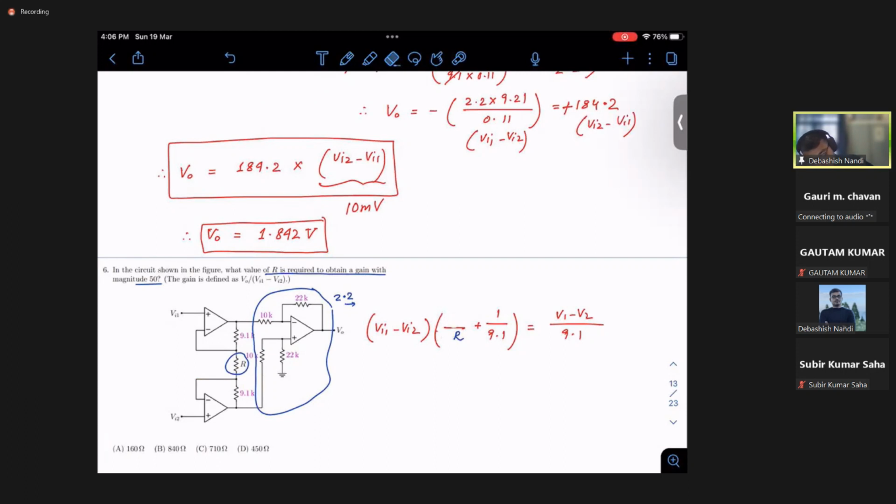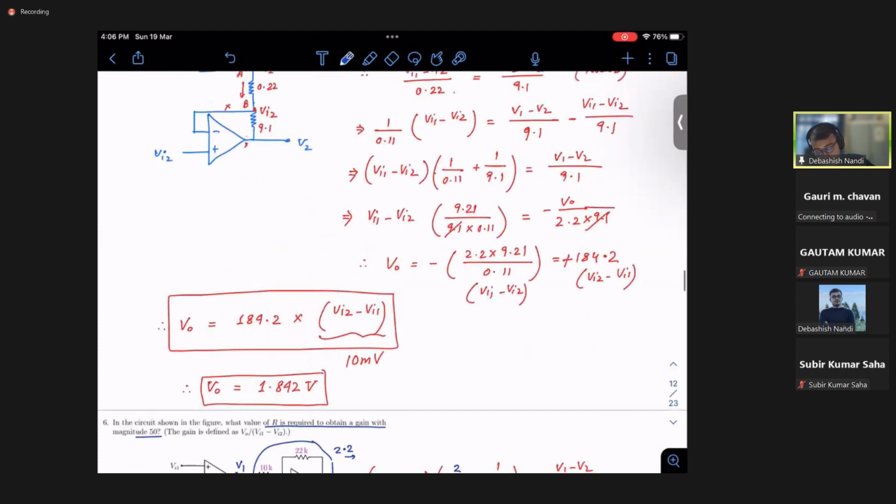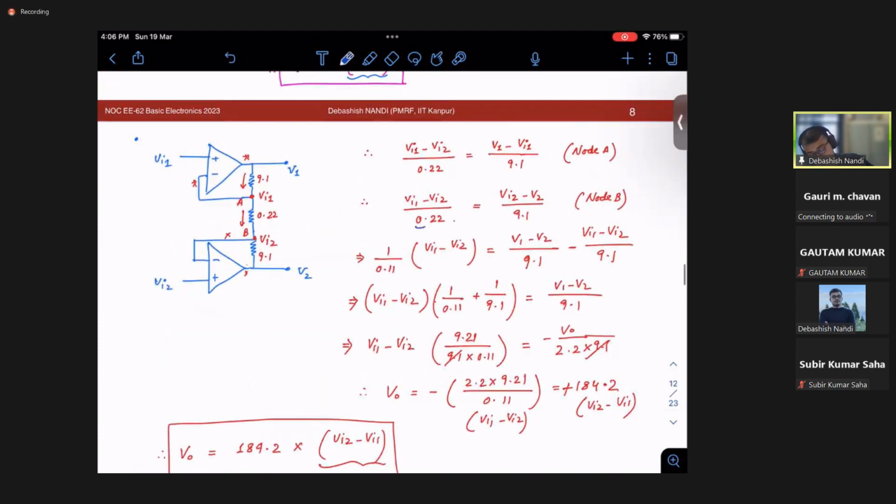If you do the analysis in the same manner, you will find this formula. So this is your R basically, right? This R was getting multiplied by 2 if you add this 2, so this was coming out to be 2 by R. The same analysis we are doing here. I am just avoiding the previous steps and showing you how you can go about solving this problem.